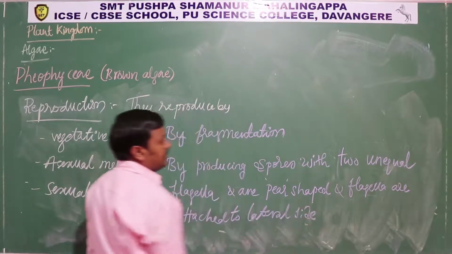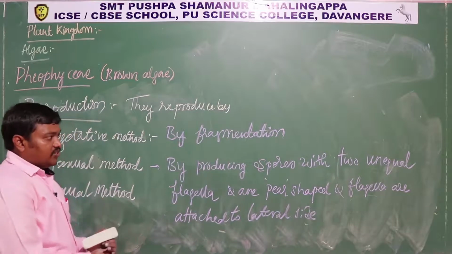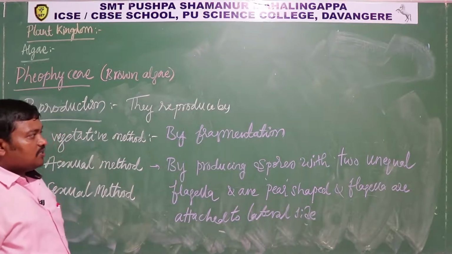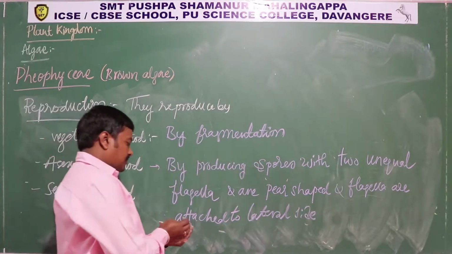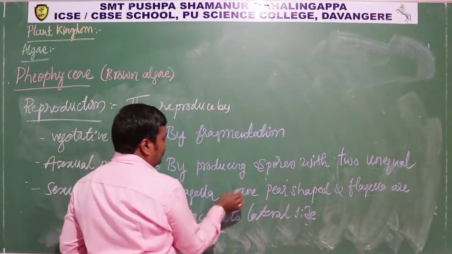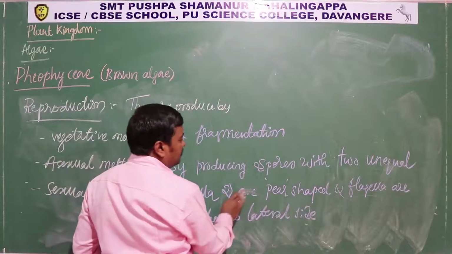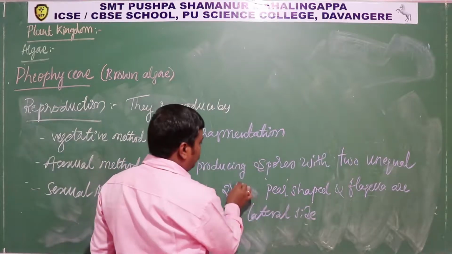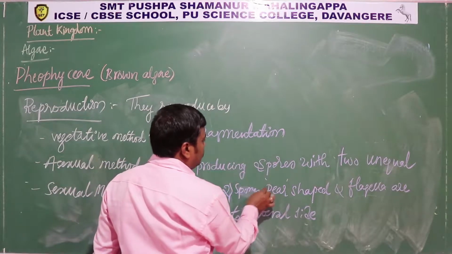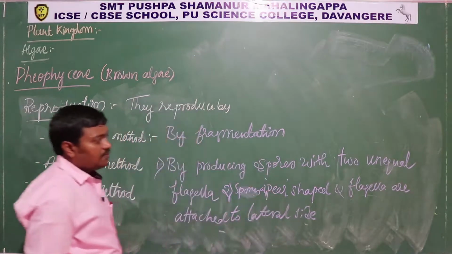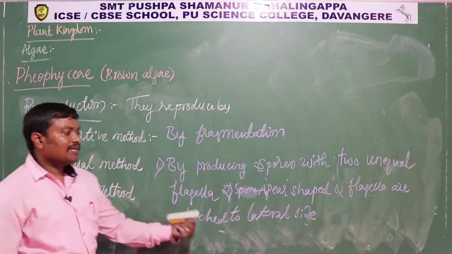Let me write it as the first point: by producing spores with two unequal flagella, the spores are pear-shaped and the flagella are attached to the lateral side.